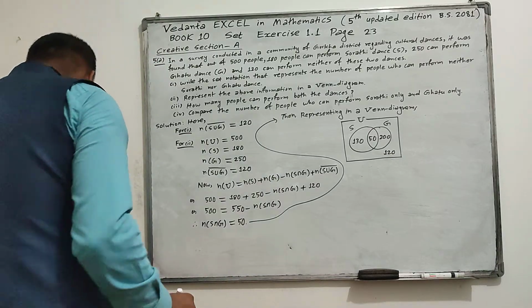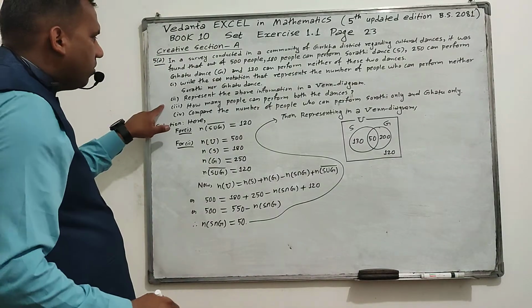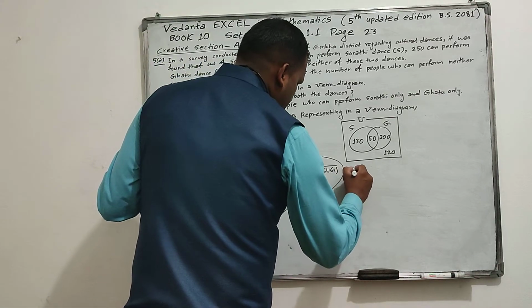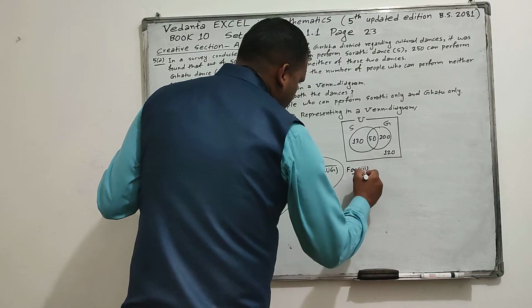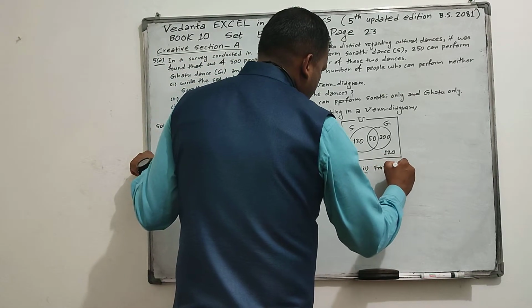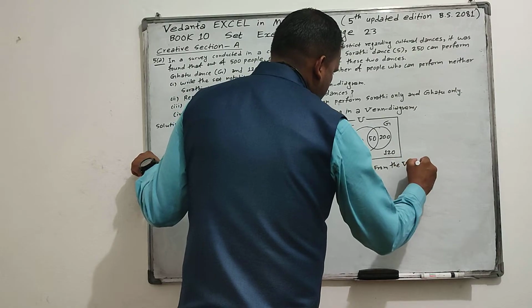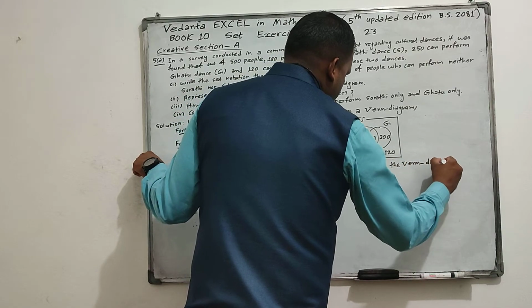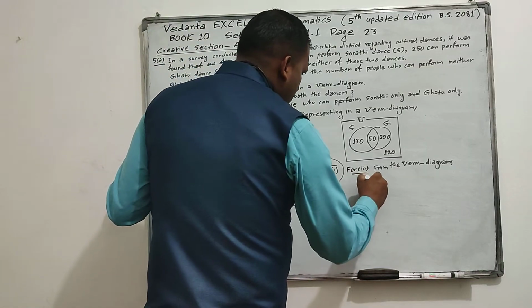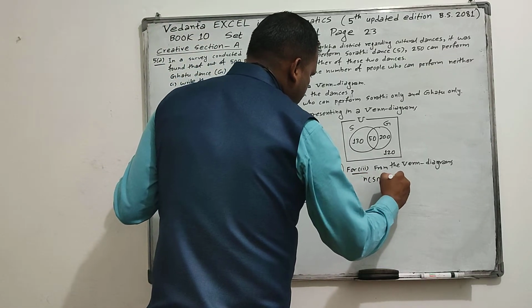Now for the third, number 3, how many people can perform both the dances? From the Venn diagram, number of S intersection G equal to 50.